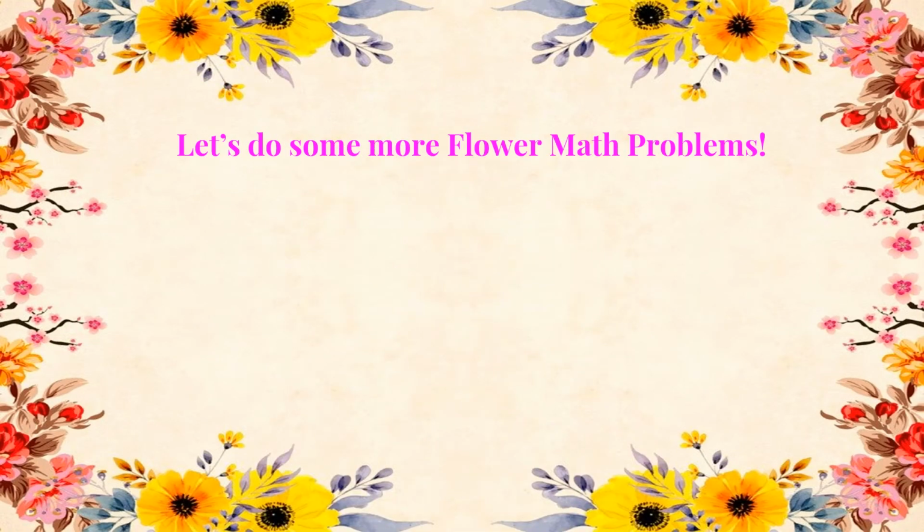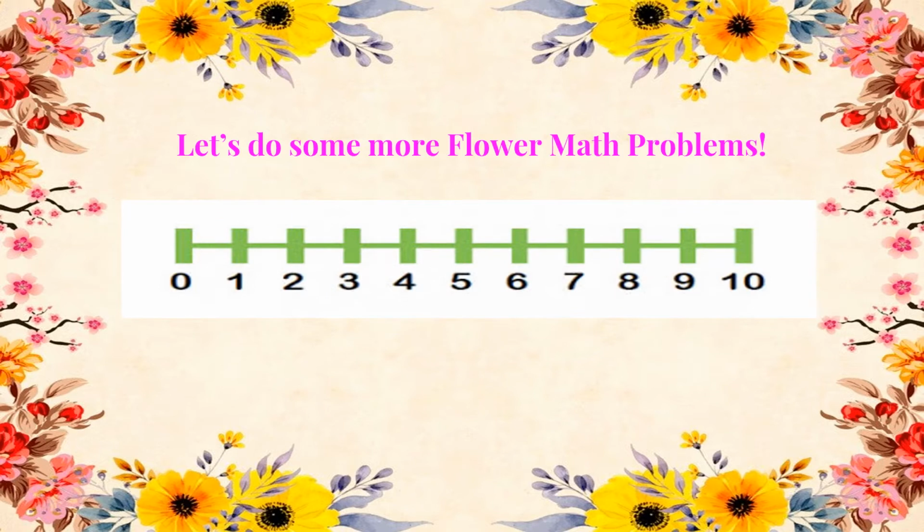Let's do some more flower math problems. But before we do that, let's take a look at our number line. Put your finger on the number 0. 0 means we don't have anything. Let's count from 0 all the way to 10.